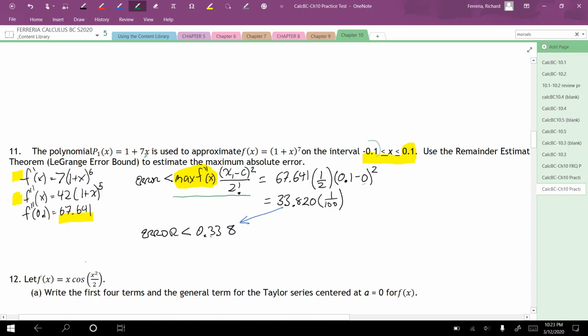I'm sorry, I think that was a typo in the answers here, so we'll have to make a note of that. But it looks as though our maximum error is going to be 0.338. Well, if that's the maximum error, then certainly we could also say the error is less than 0.4. The error is also less than 0.5.